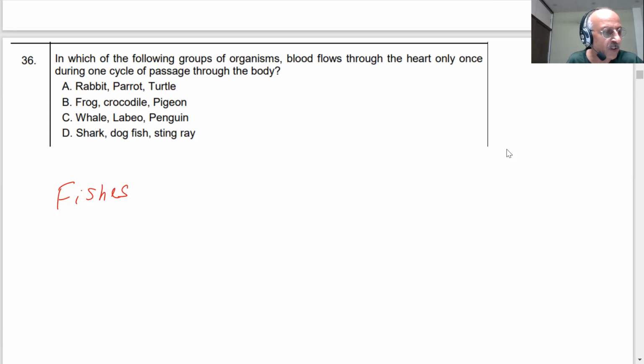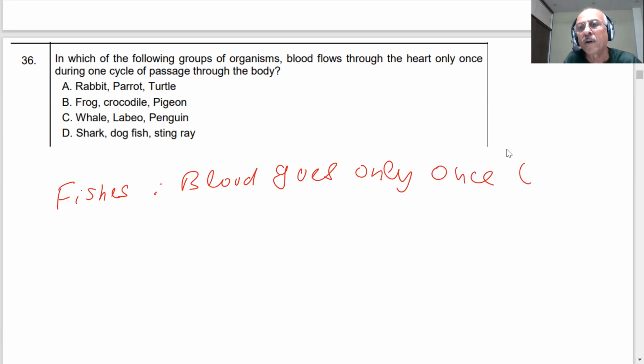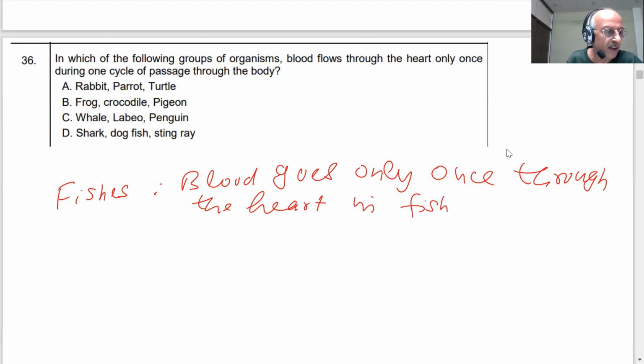Directly to the rest of the body. Blood goes only once through the heart in fish. So there is only one cycle of passage.